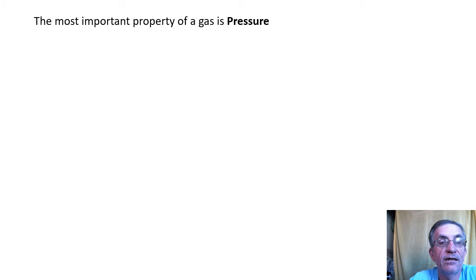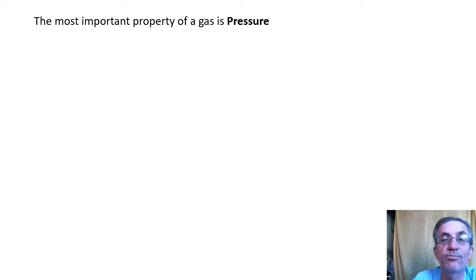We're going to talk a lot about different properties of gases. We'll talk about the volume of a gas and the temperature of a gas and all kinds of things. Those things you've heard a little bit about already, like volume and temperature. The one property, and it's probably the most important property for a gas, that you haven't heard anything about, at least in this class, is pressure.